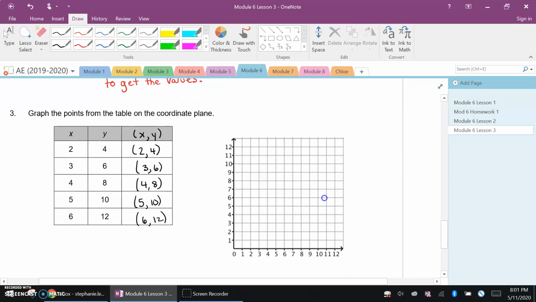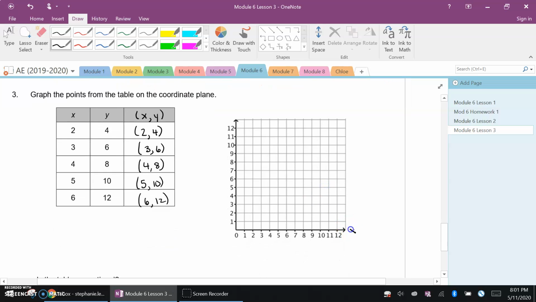Okay, next thing we would do is mark this as an x and this one as a y, just to make it easier to graph. So remember, when you're graphing, you're always starting from the origin, and the origin is your 0 point. So we're going to go over 2 and up 4, and we're going to plot a point. We don't need to label the point here because we're going to be doing something different with it.